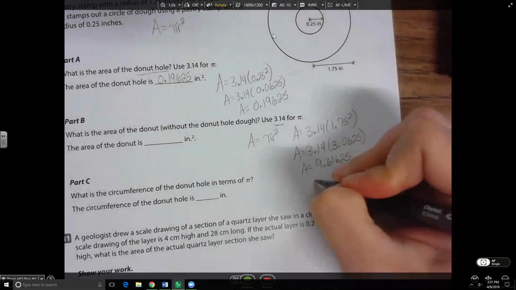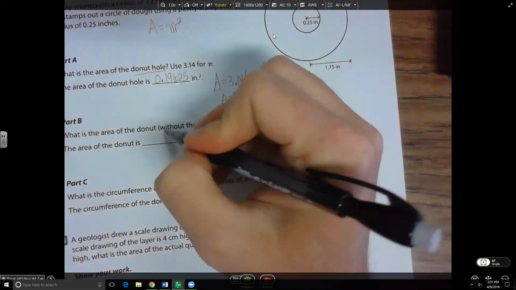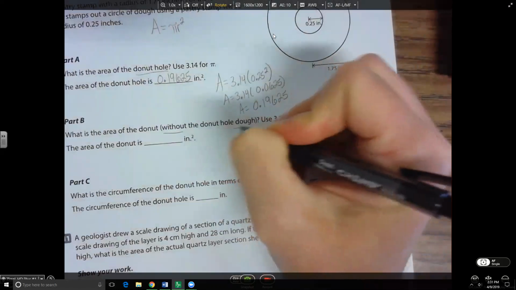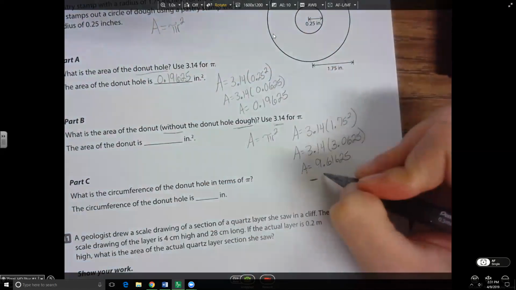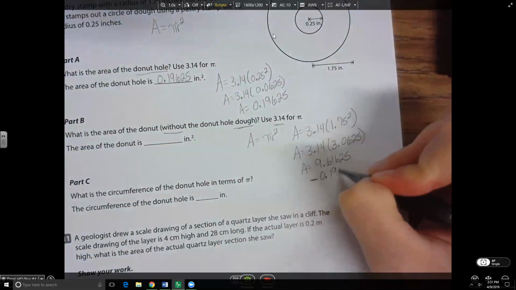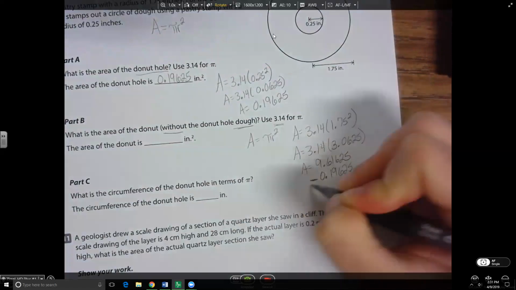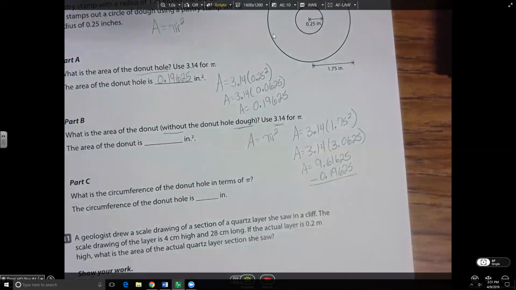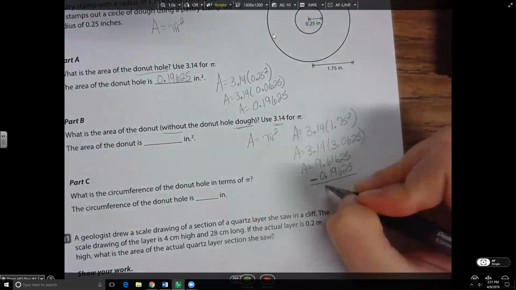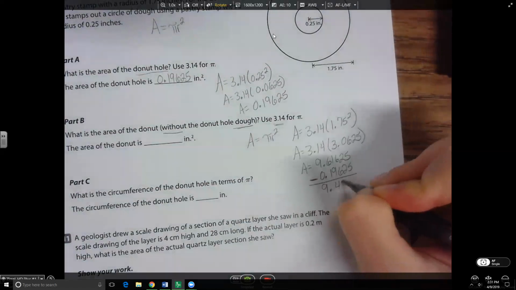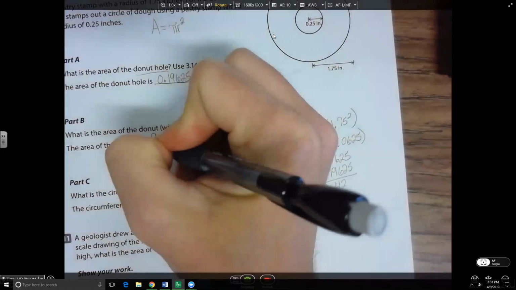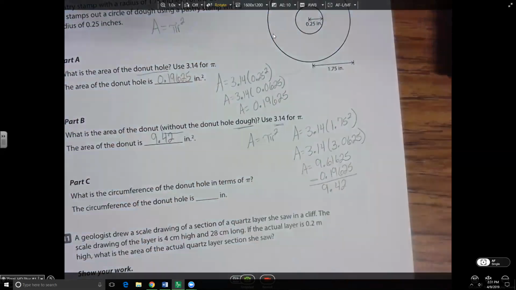But I've got to take out, so I've got to subtract, because it says without the donut hole dough. So I'm going to take out that area, which is 0.19625. So when I subtract those out, that gives me 9.42 inches squared.